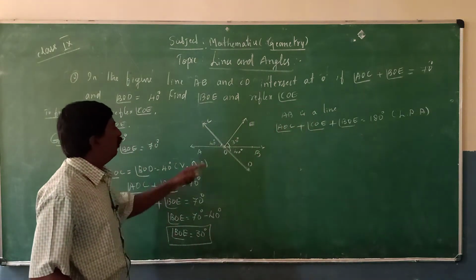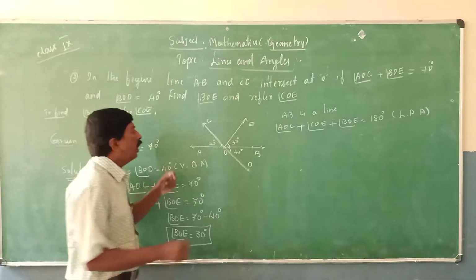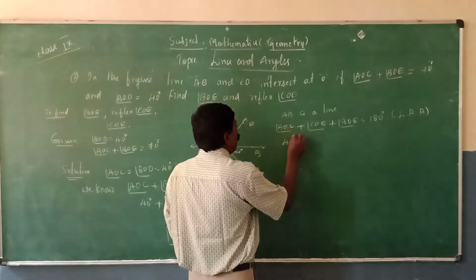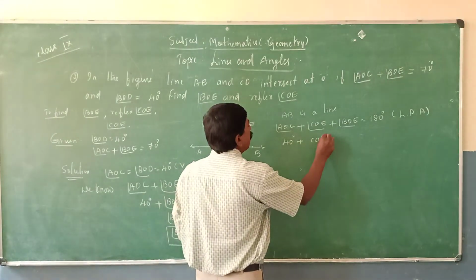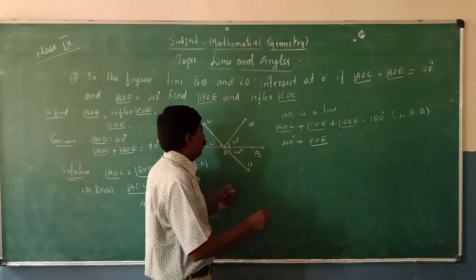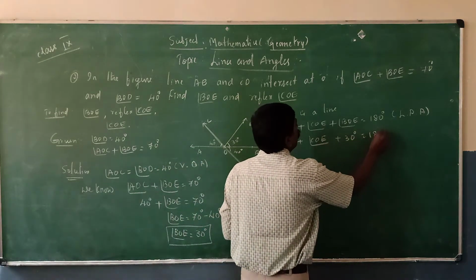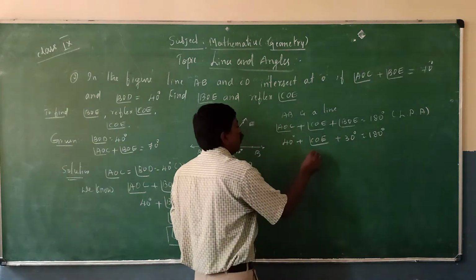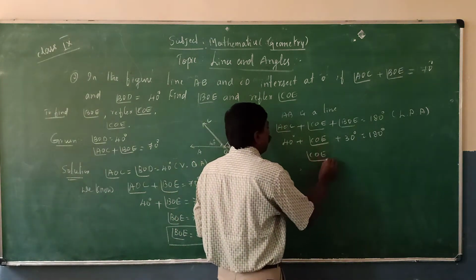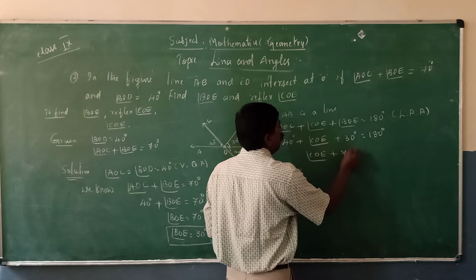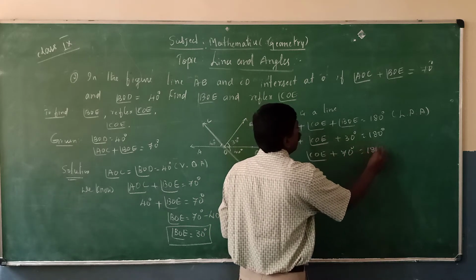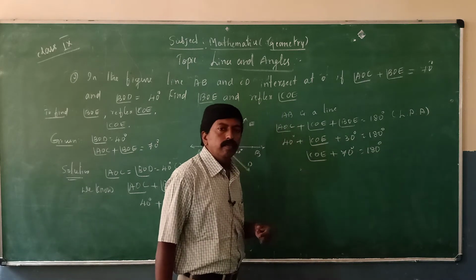What is AOC? Yes, 40 degrees. We don't know COE. What is BOE? 30 degrees, which is equal to 180 degrees. So COE, add these two, we already know 70 degrees, is equal to 180 degrees.